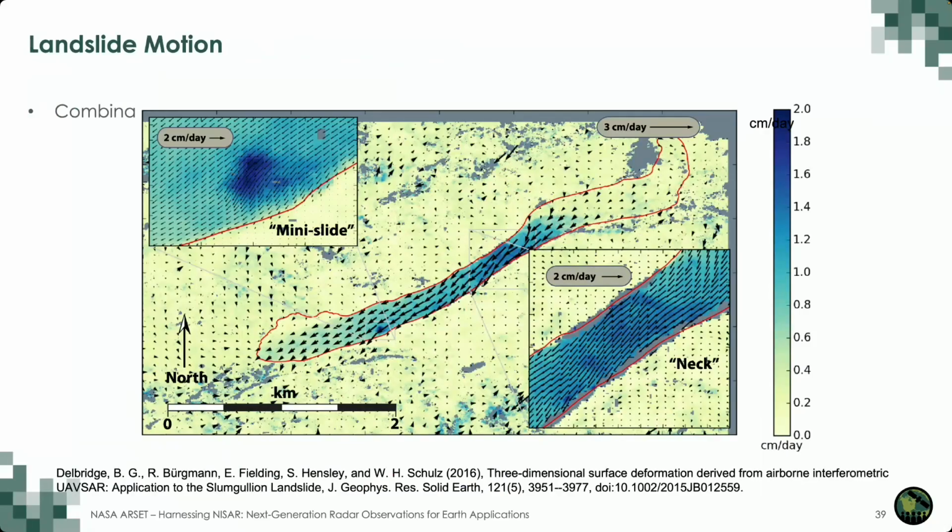That radar was built at JPL, and it flies on the piloted airplanes out of NASA Ames. That also uses L-band like NISAR, so this is sort of a preview of what NISAR is showing, but using the airborne system. The airborne system, because it's closer to the ground, can have much higher resolution, so it's not quite the same, but it gives an idea of how we can measure these very high displacements.